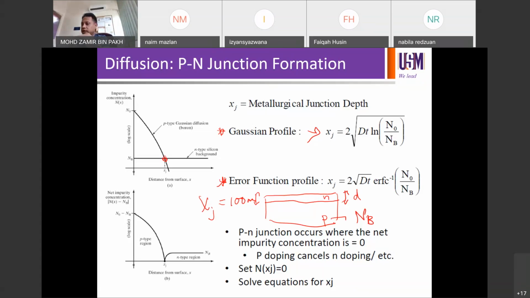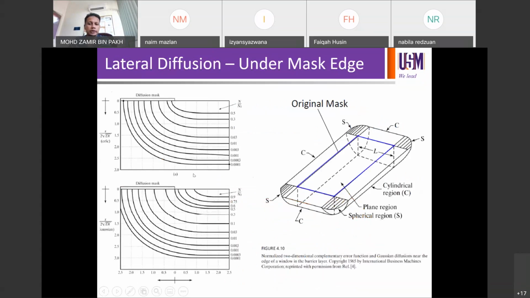It doesn't matter whether you dope p-type or n-type, because your wafer is going to be the opposite type. For the error function profile, your junction depth is given by 2 times the square root of the Dt product times the inverse error function of N0 over NB. Then you can solve for your junction depth.